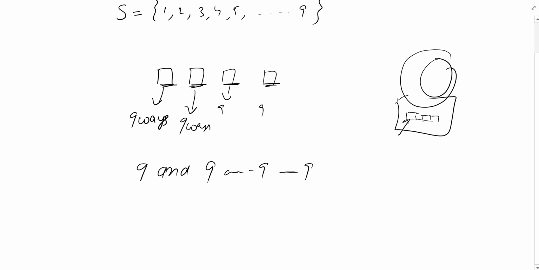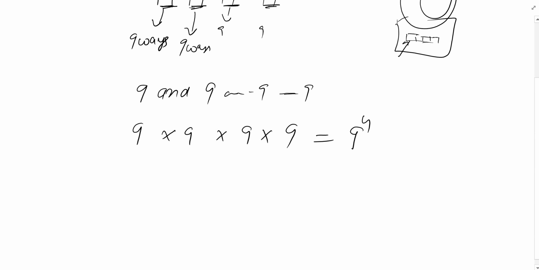Whenever there's a sense of and, we multiply. If you have a sense of or, we add them up. Now we're going to multiply them. So 9 raised to the power 4. Good. Okay.